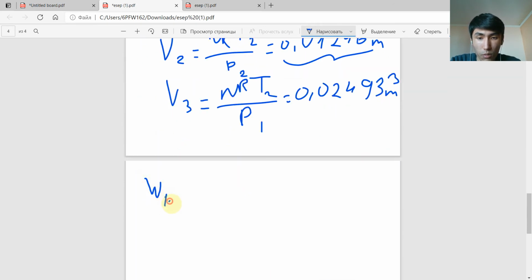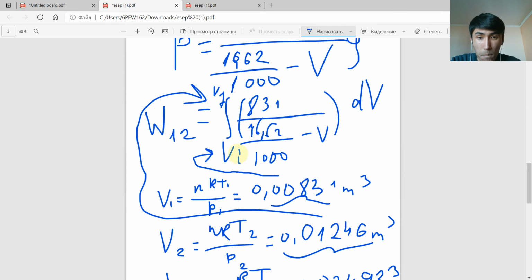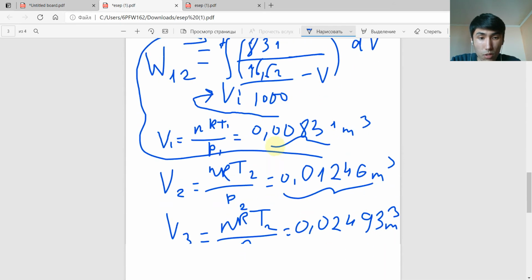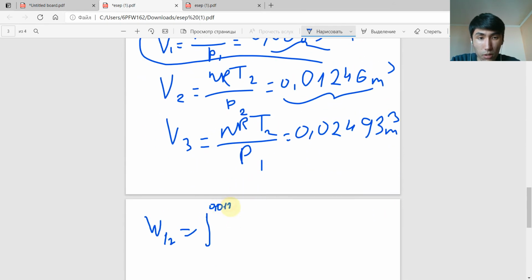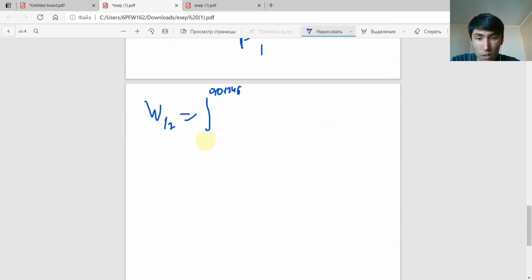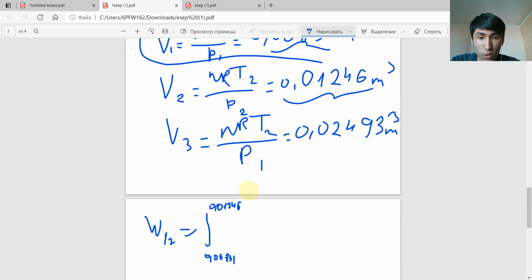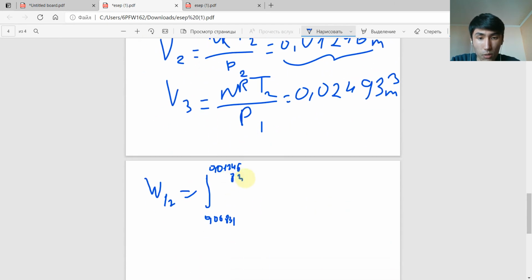So from 0.00831 to 0.01246, here will be 831 divided by 1662 divided by 1000 minus V, and here will be dV, right?